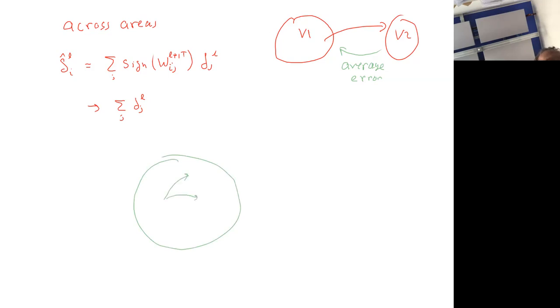Okay. However, each neuron still knows. So within a network, more complicated.